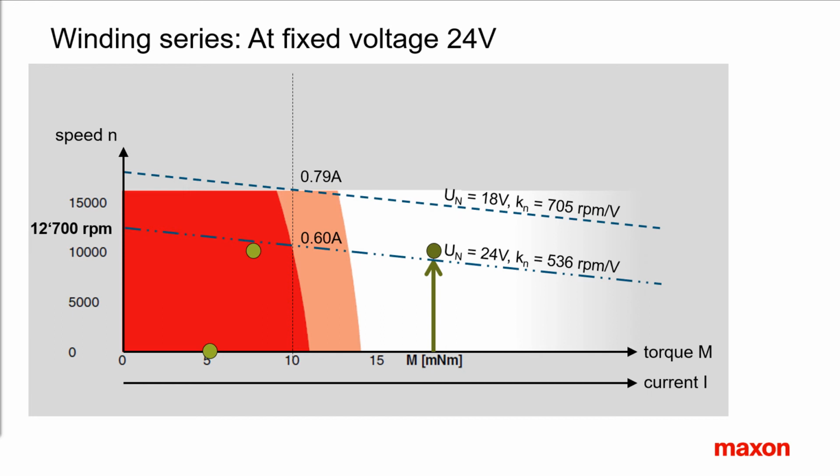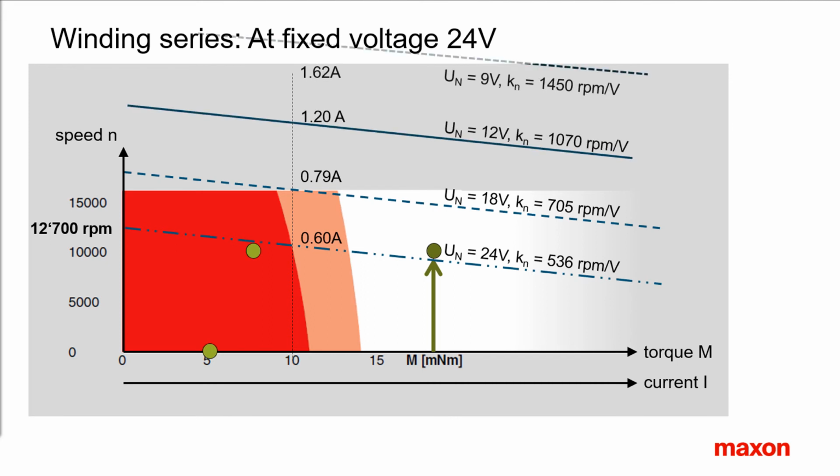A speed or position controller will adjust the motor voltage to the lower values needed. However, the current requirements are higher, as can be seen by comparing the needed current for 10 mNm of torque. The windings with even lower nominal voltage of 12 volt or even 9 volt won't make good use of the available voltage.